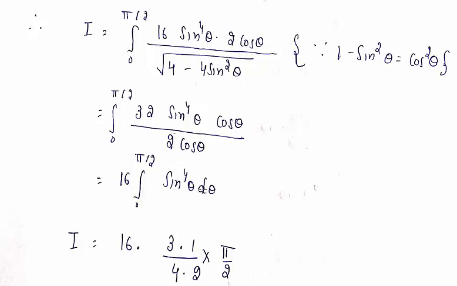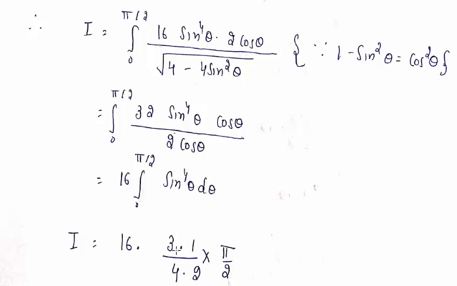Now if we compare this integration with integration 0 to pi by 2 sine raised to power n theta d theta, the value of n is 4. 4 is an even number, so we multiply with pi by 2.